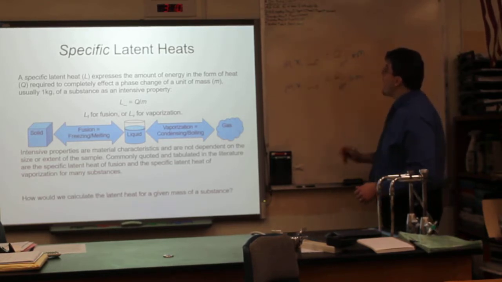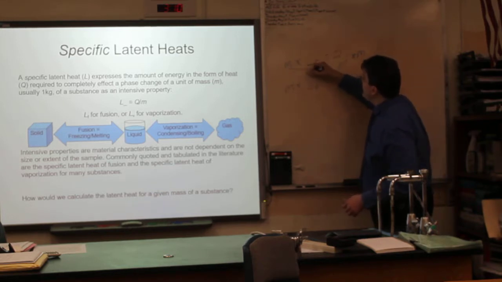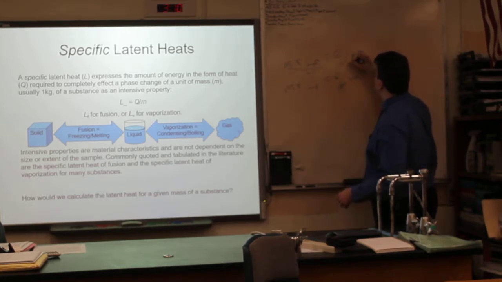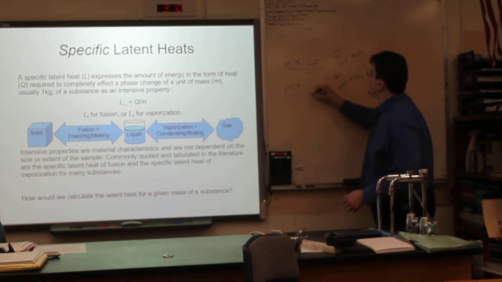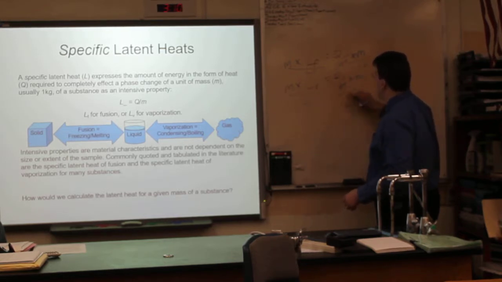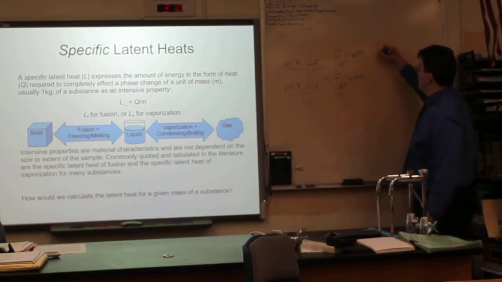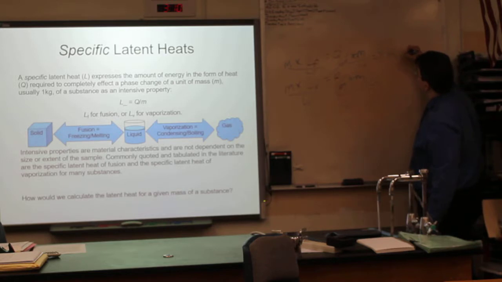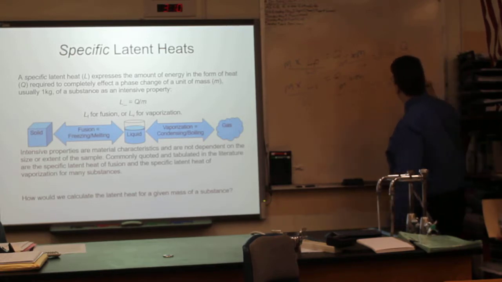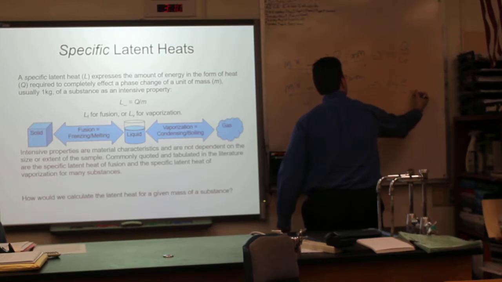Now we want mass by itself. We will divide both sides by the latent heat of fusion, or the latent heat of vaporization. And that will leave us with mass is equal to heat over latent heat of fusion, or mass is equal to heat over latent heat of vaporization.